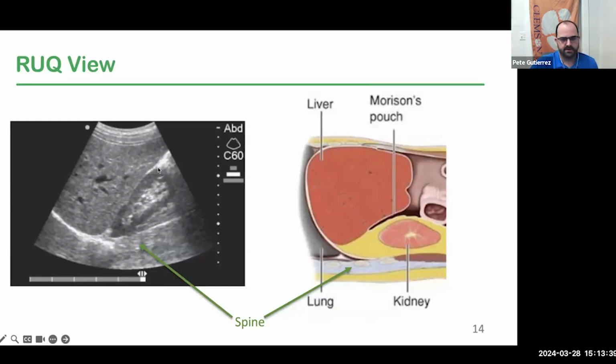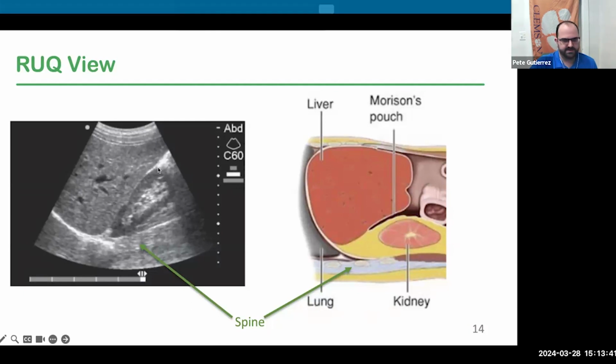The Morrison's pouch, that potential space, that reflection of peritoneum, goes in between those two organs right there. And then directly back behind where the kidney and the psoas muscle are, this is the spine. This bright line that's right on top of where the liver is, that's the diaphragm.